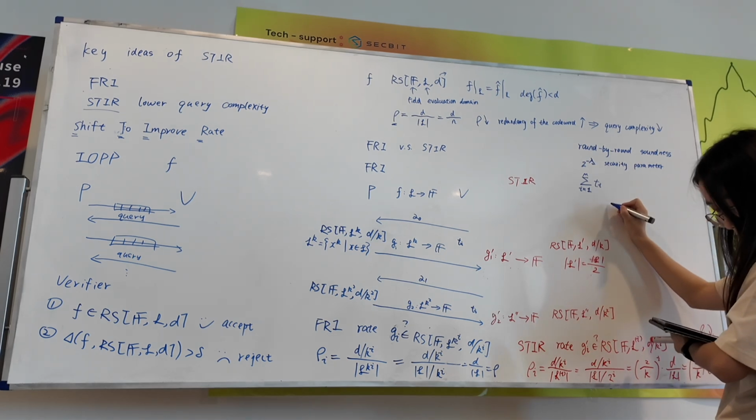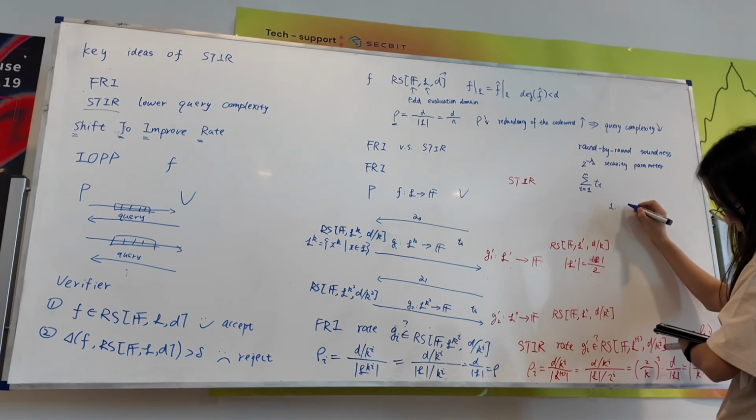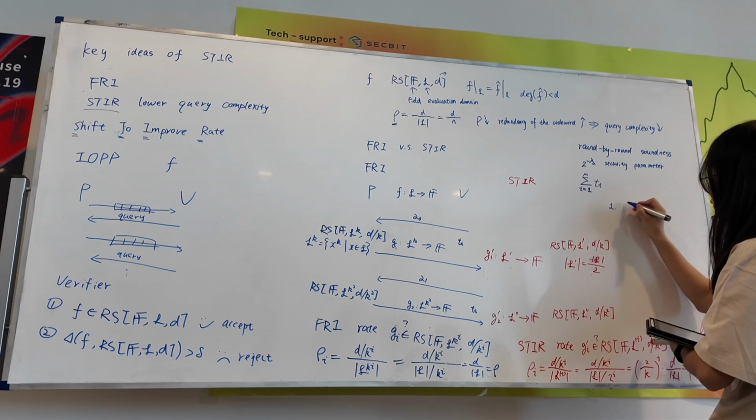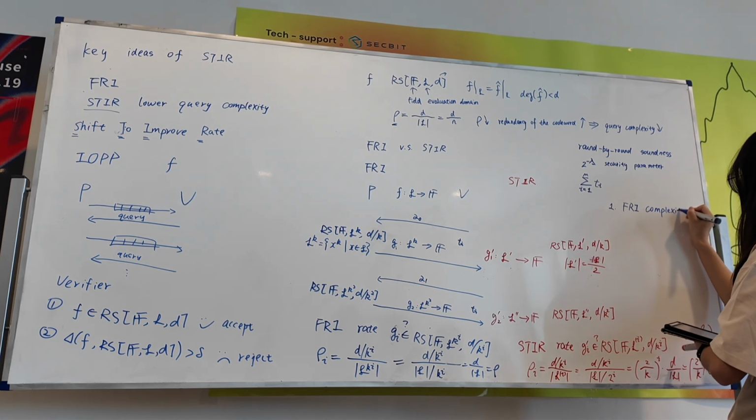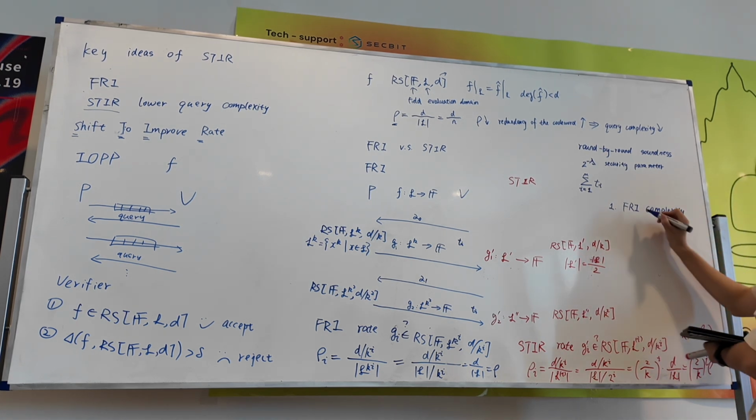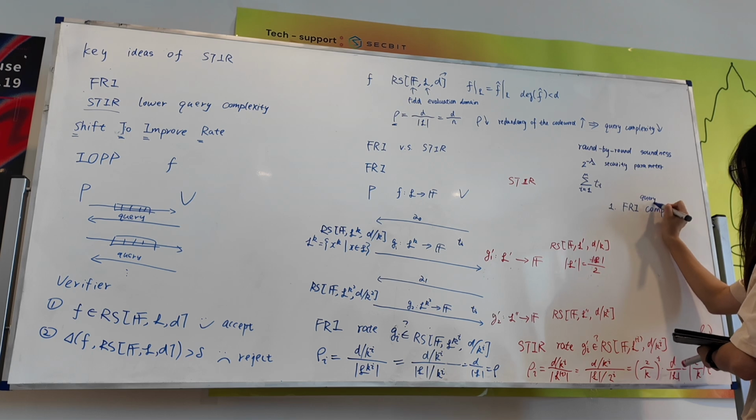We have two conclusions. First is the query complexity of FRI.